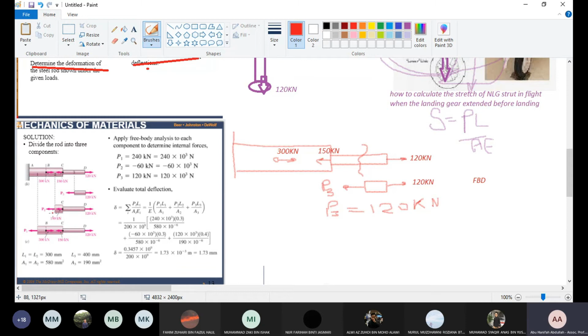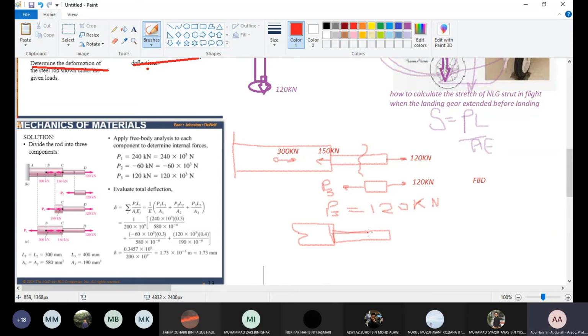Now we make another cut. We have one whole section and we have cut somewhere there.